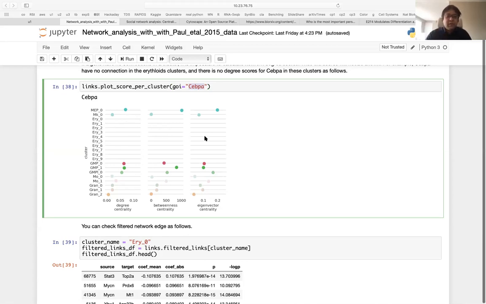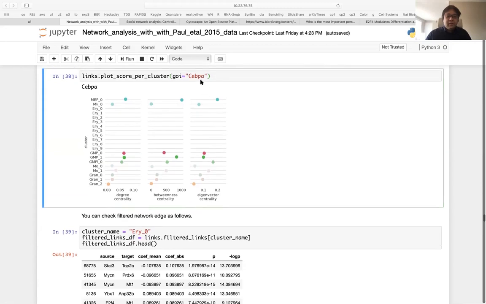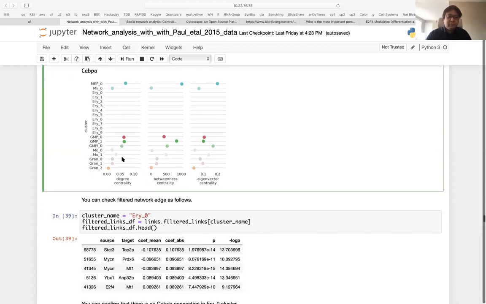So if you cannot see anything in your table, it means that your gene of interest doesn't have any connection in the table. This is not a bug. It just means your gene does not have any connection here. Actually, CEBP alpha is known to play a really important role in the GMP lineage, so it makes sense. It's biologically feasible.